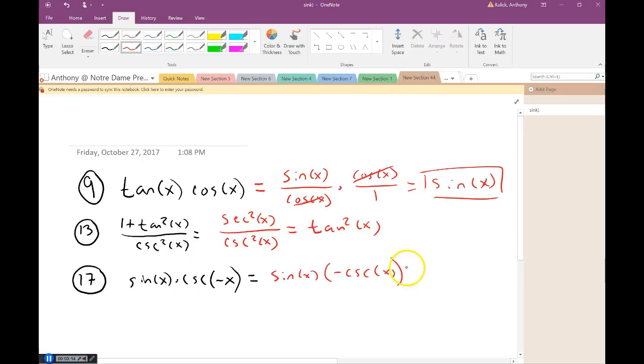So that's fine. Then what did you do? Yeah, we can rewrite negative cosecant as negative 1 over sine x. Let's write that as sine x over 1, and then over sine x. And you're left with negative 1.